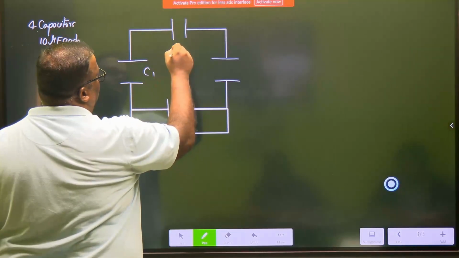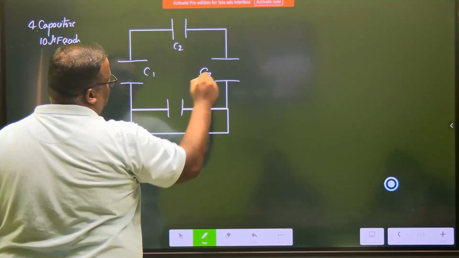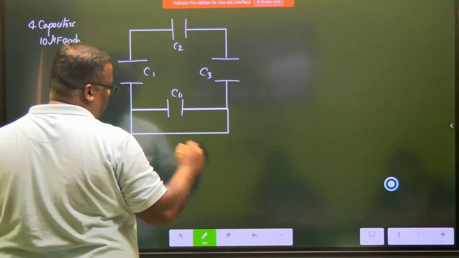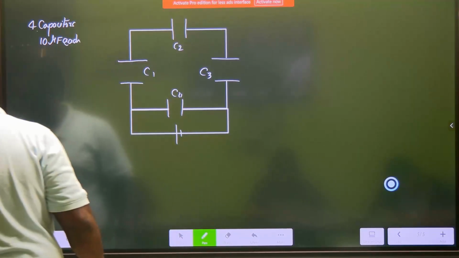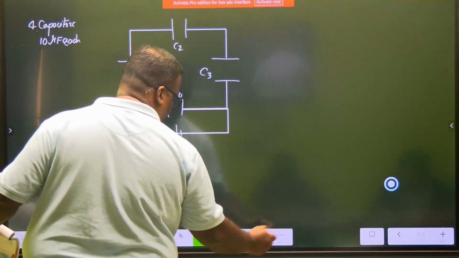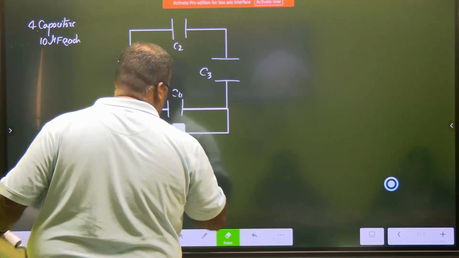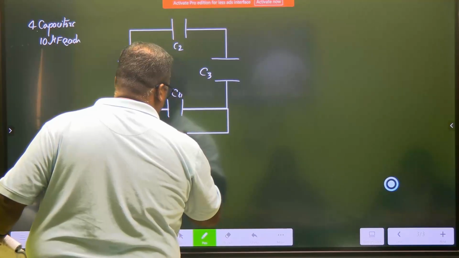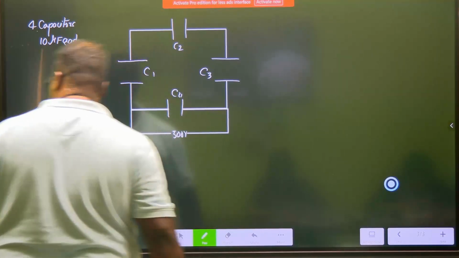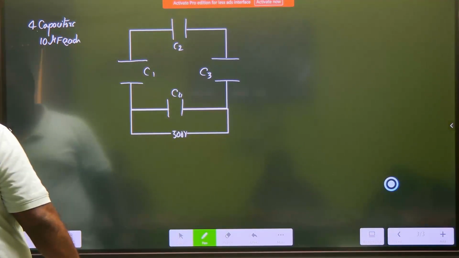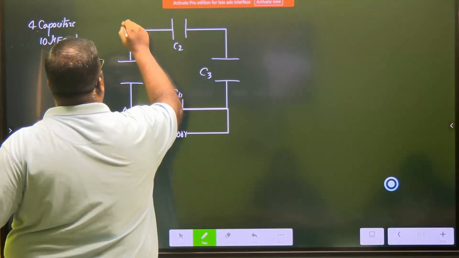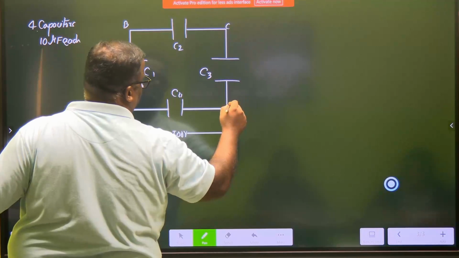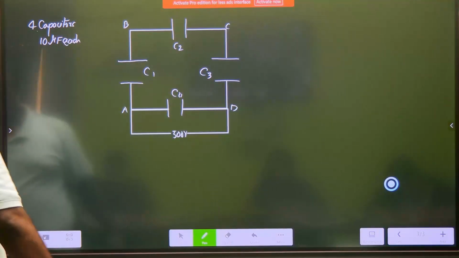So this is C1, C2, C3, and this is C4, and they have been connected across a 500 volt supply, and they have named the terminals as A, B, C, D. These are the 4 junctions.